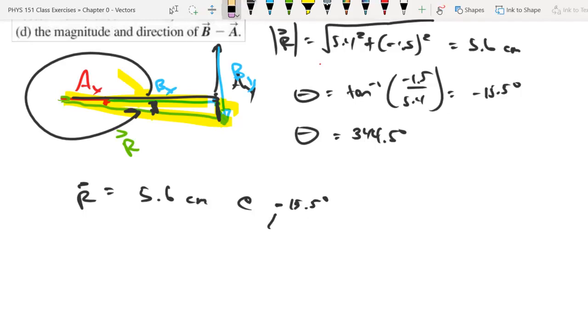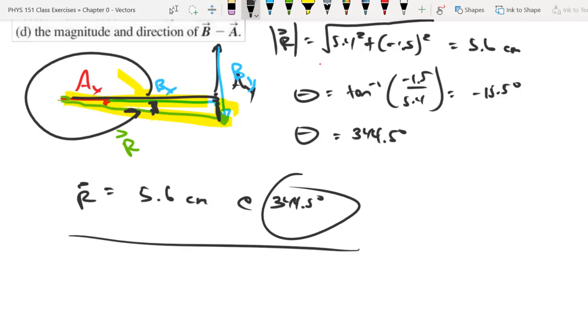Or we could have said 5.6 centimeters at 344.5 degrees. Either way, I would accept. Unless it says something like, what is the counterclockwise angle it makes with the positive x-axis, you'd have to report it that way. But unless otherwise stated, I would accept negative 15.5 or 344.5.